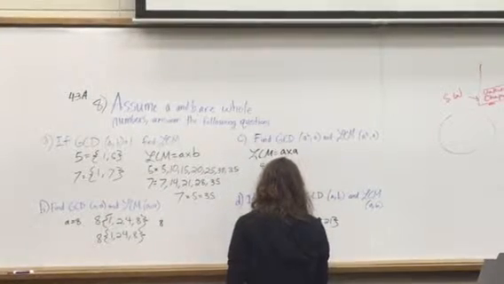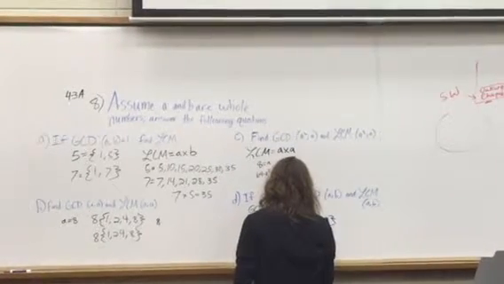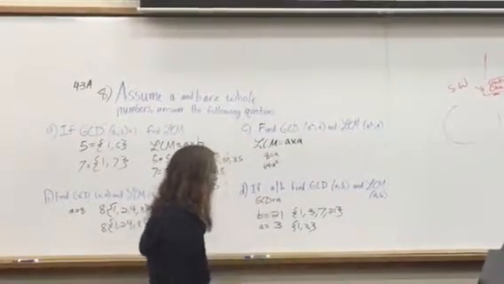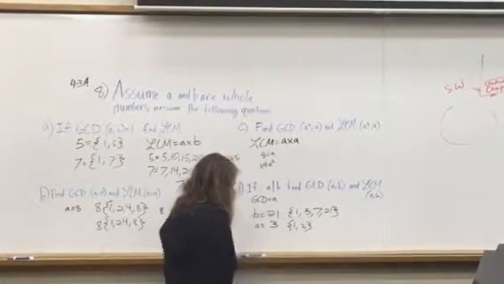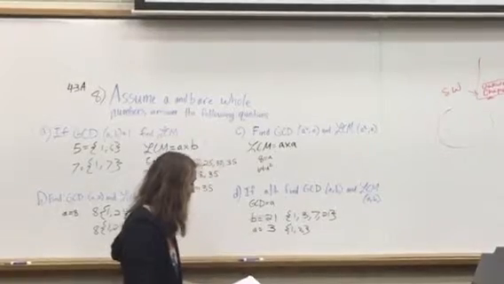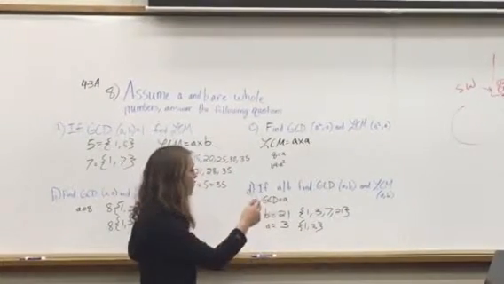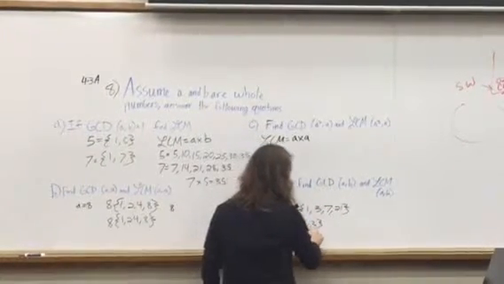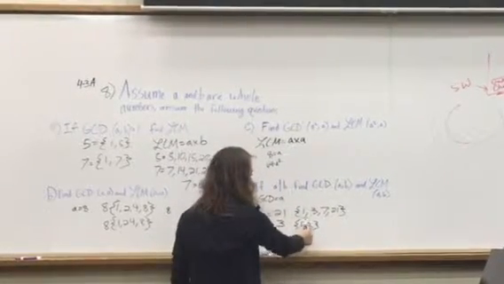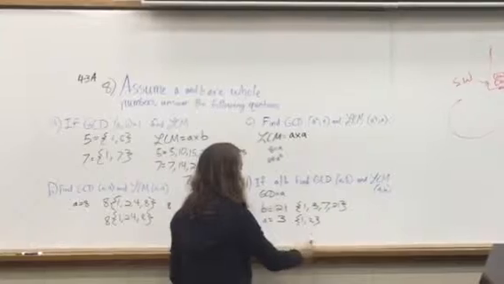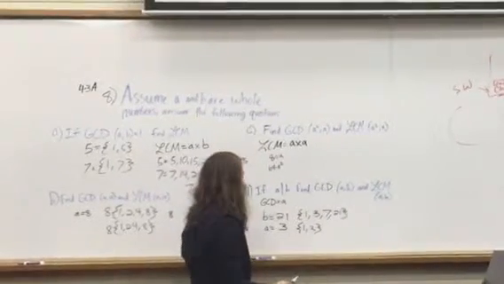And for 3, we just have 1 and 3. And so the greatest common divisor of both of these sets is just A itself. Once again, it's kind of the same thing as before. You can't get any higher than 3. 3 is the biggest you have, and you know that it divides 21, so therefore it's your greatest common divisor.